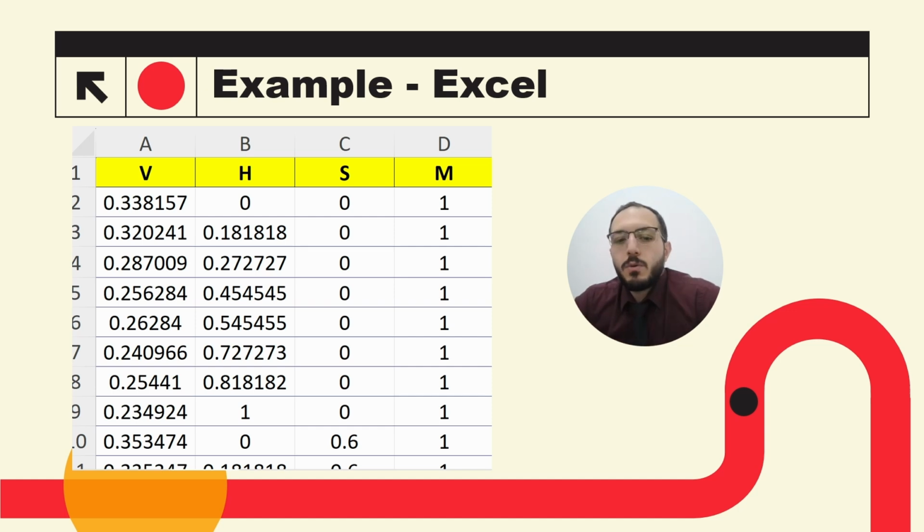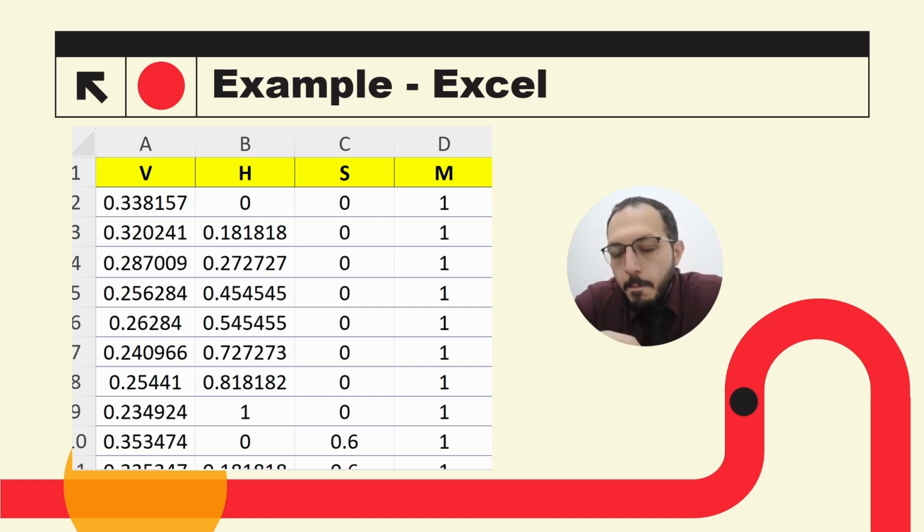Here, I'm going to go quickly over an example of a data set. So here we have a data set of landmine detection, which is pretty cool. I mean, not the mines, but the idea of being able to predict where a mine is through numbers. That's amazing. So V is the voltage from the sensors, landmine detection sensors, and H is the height of the sensor, and S is the soil type, right?